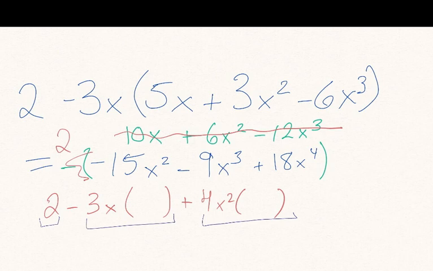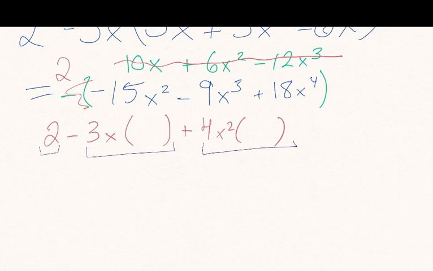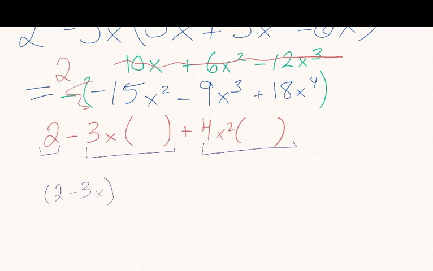And now, if I take this and I write 2 minus 3x like this, and then there's another bracket with something inside, now this plus 4x squared times whatever. Now I only have 2 terms.